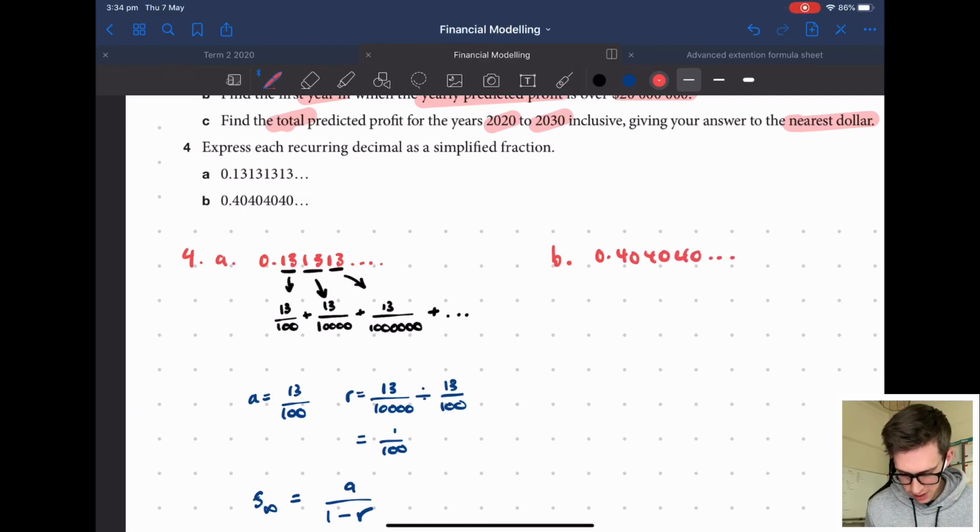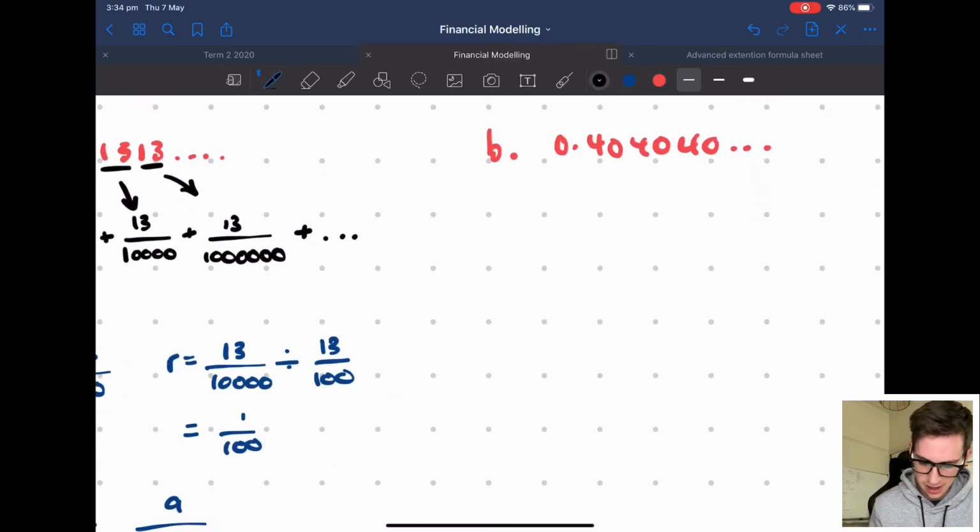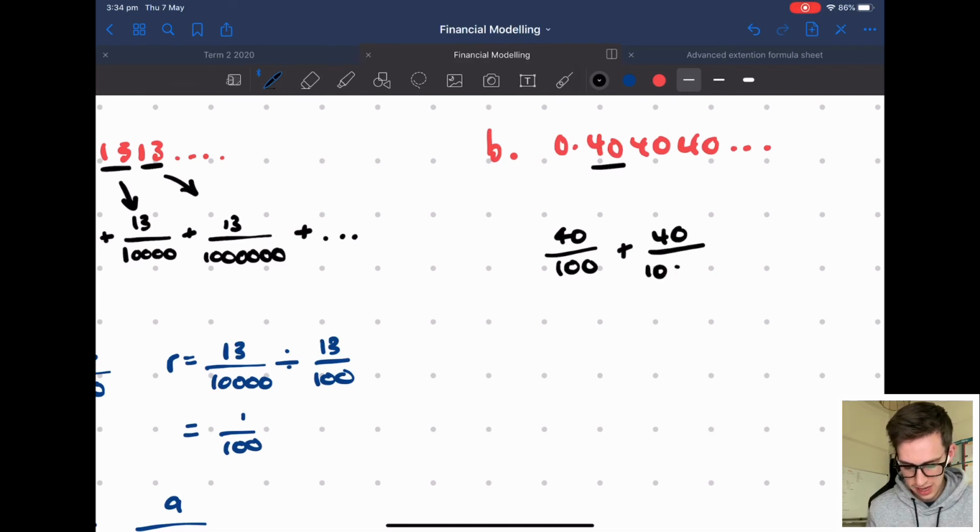Okay, we'll do the same thing with B just to solidify this and be done with it. 40, 40, 40. And you could do this with bigger repeating patterns like 1, 2, 3, 1, 2, 3. It would just be 1, 2, 3 over 1,000, and then 1, 2, 3 over three more zeros, repeating that pattern. Here, my first term is going to be 40 over 100 because that is the 100th place. 40 over, I'm just going to add 2 more zeros because that's 2 more places I need to go, and so on.